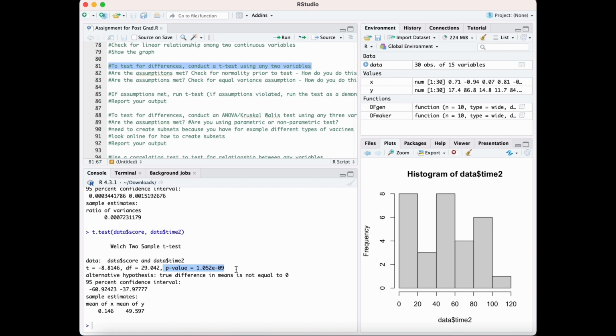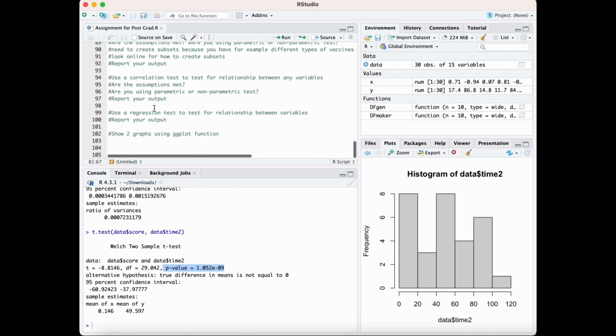Therefore, the t-test is statistically significant. Okay, this means that these two data sets, score and time 2, may be responsible for one another in terms of changing their responses.